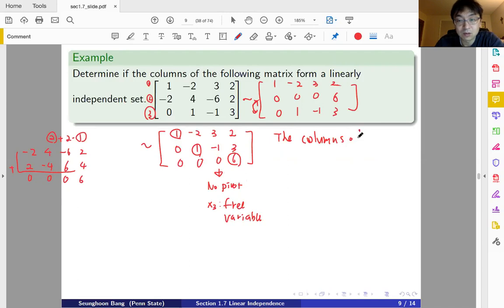So the columns of this matrix, you can write this matrix like A, the columns of matrix A do not form a linearly independent set.